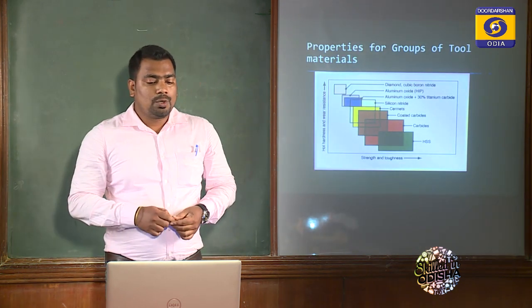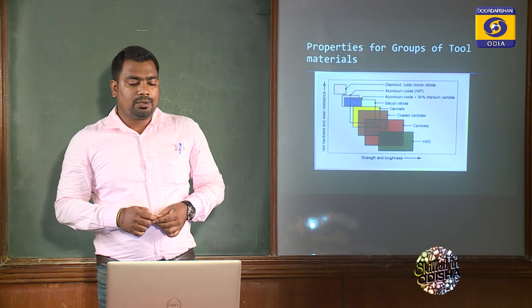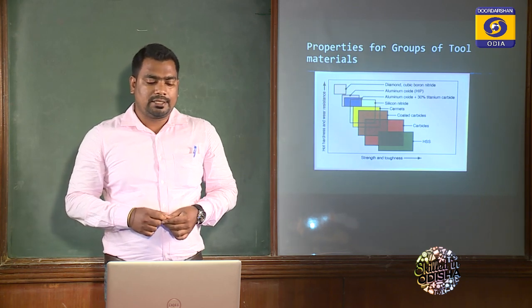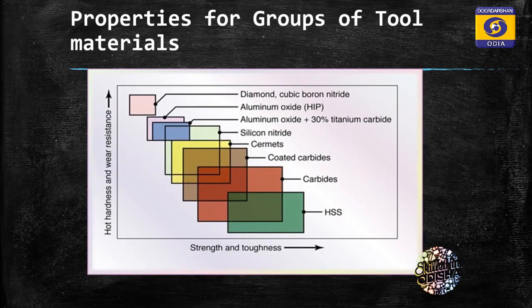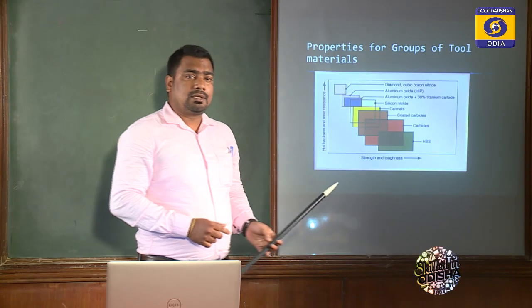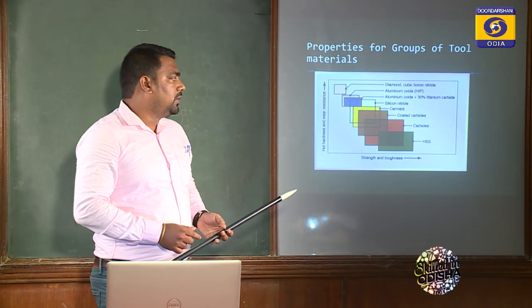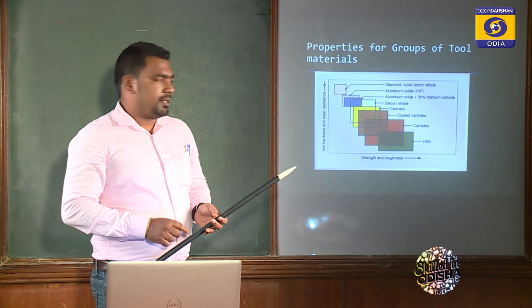This diagram shows how different types of cutting tool materials vary with properties. Here we can see as the strength and toughness increase, HSS works as a beautiful cutting tool material.